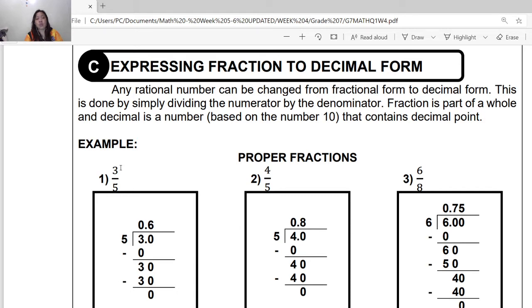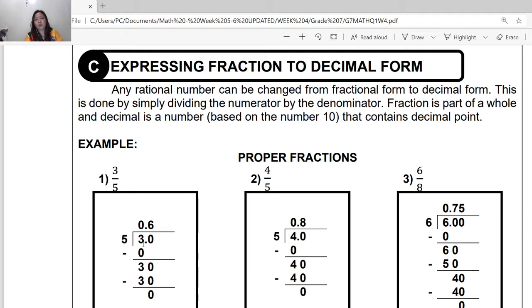So number 1, we have 3/5. That is done by simply dividing the numerator by the denominator. So we have 3 divided by 5. This is the same process as when you were in elementary school.